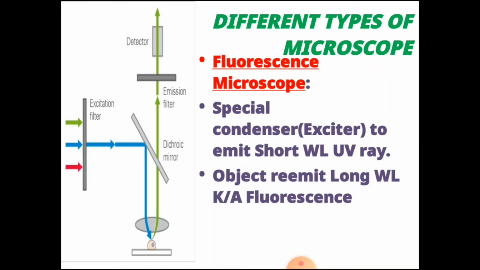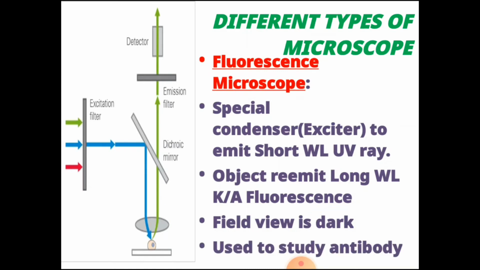Now the object re-emits long wavelength light, which is known as fluorescence. The field of view is also dark here. The fluorescence microscope is used to study antibodies and immunoglobulins.